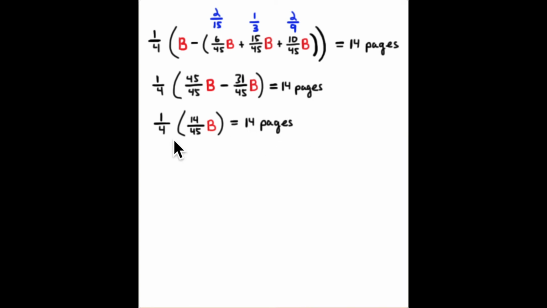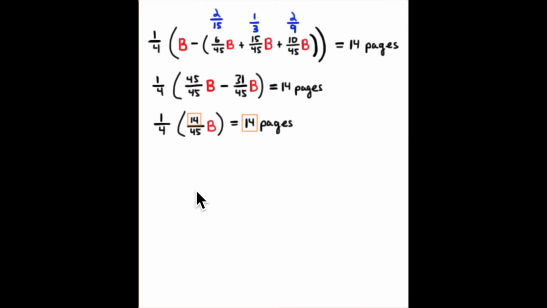What we saw in the drawing is that 4 times these 14 pages is equal to the 56 pages. Now remember, these two 14s are not the same. This is 14 pages that remain to be read, and this is 14/45. Now 1/4 of that 14/45 is equal to these 14 pages.